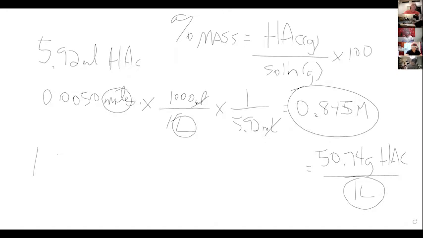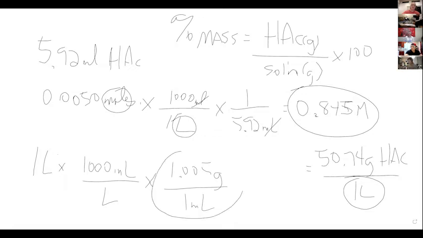So 1 liter times 1,000 mL per liter times 1.005 grams per mL. That was the density. Remember, that was the density of vinegar that was given to you at the beginning. So that equals 1,005 grams.